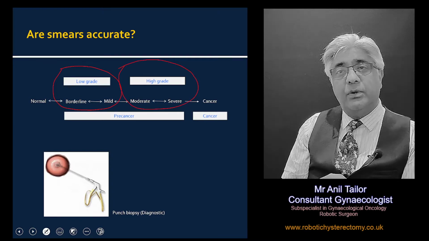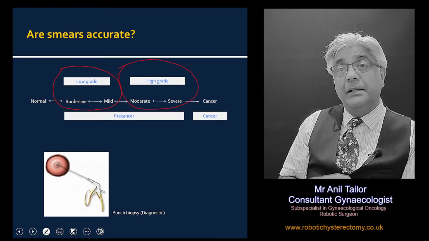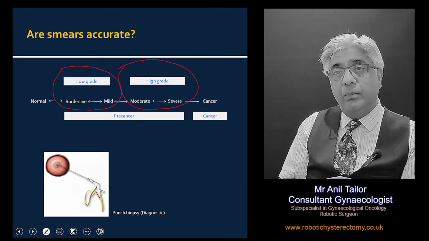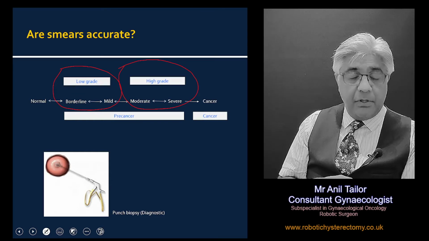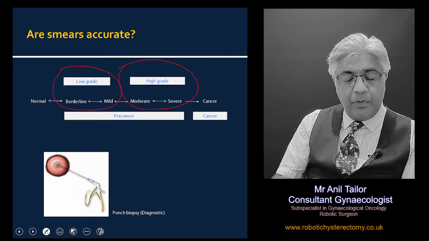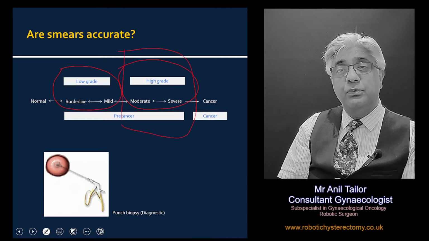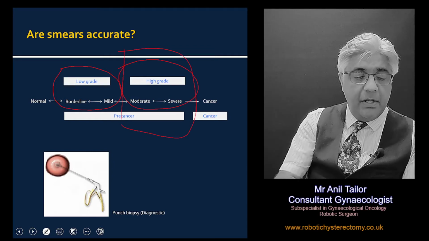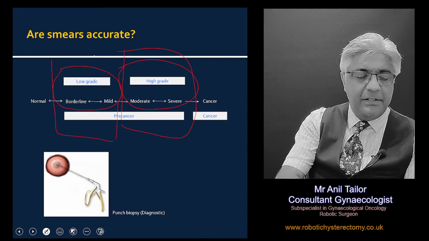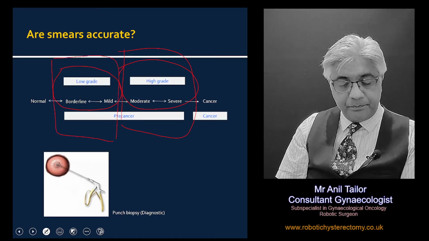And the purpose of doing the colposcopy is to find that group of women where that might be the case. Because generally speaking, we want to identify those with the high grade because they do warrant some treatment. The ones with the low-grade abnormality can simply be monitored.